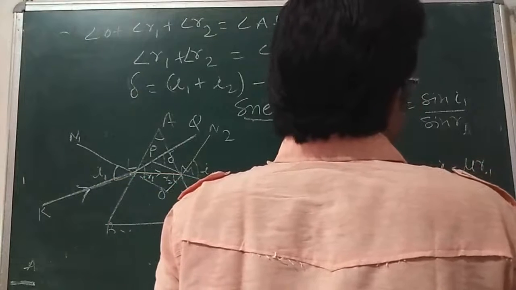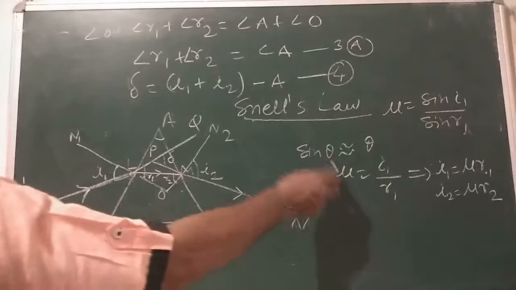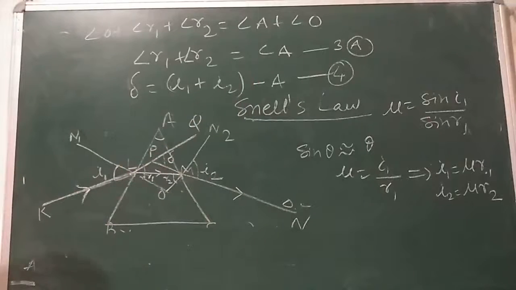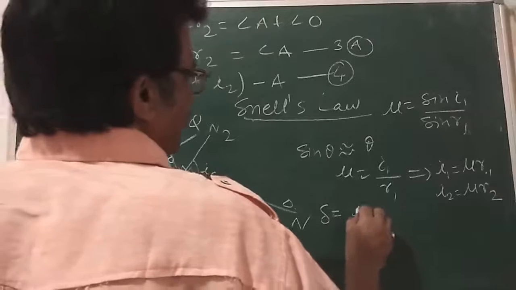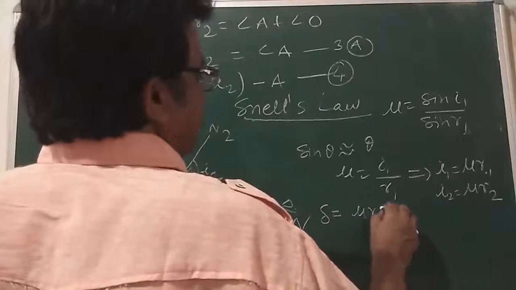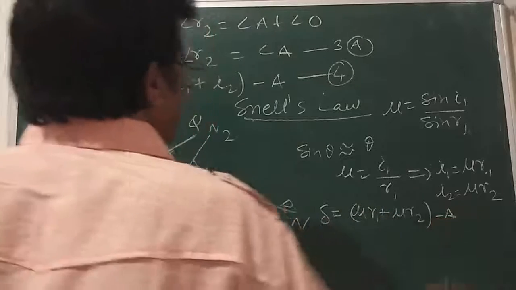Similarly, I2 is equal to mu R2. Put both the values in equation number 4. Delta is equal to mu R1 plus mu R2 minus A.